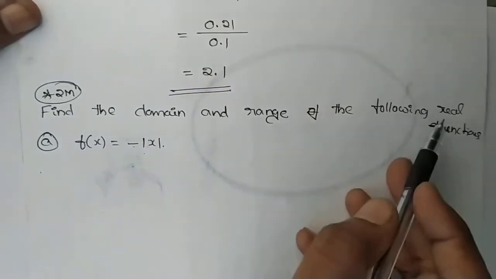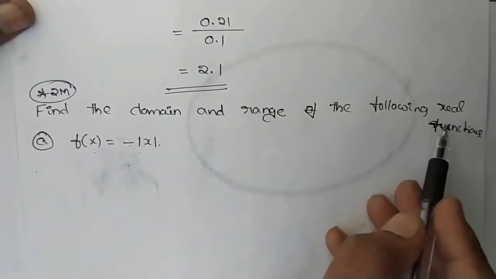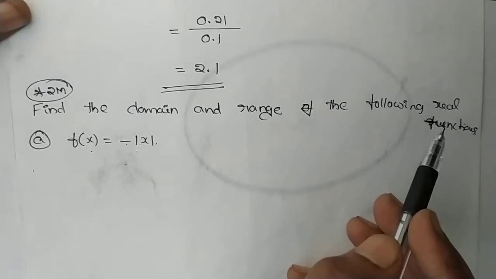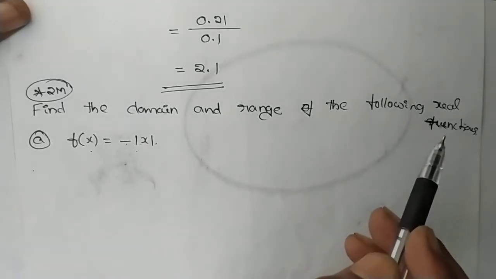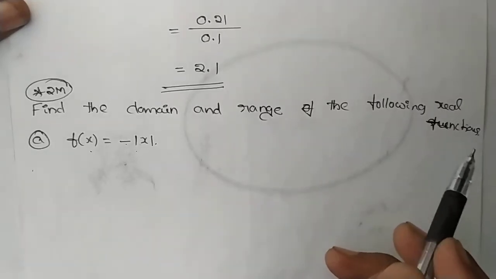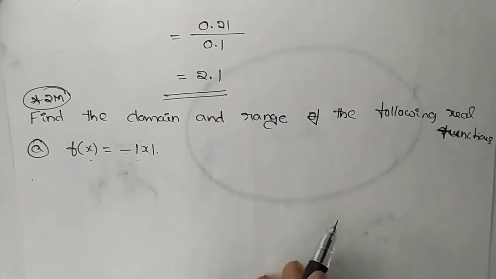f of x equals minus modulus x. Now it is a real function. A real function is nothing but what? Domain and range should be a subset of the real numbers, right? Therefore, domain will be real numbers.